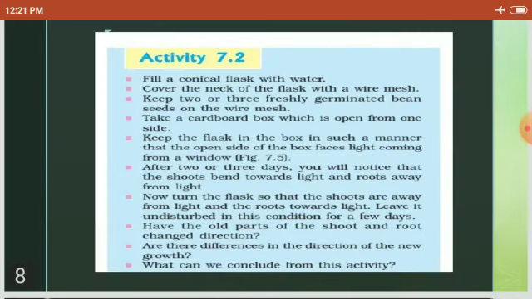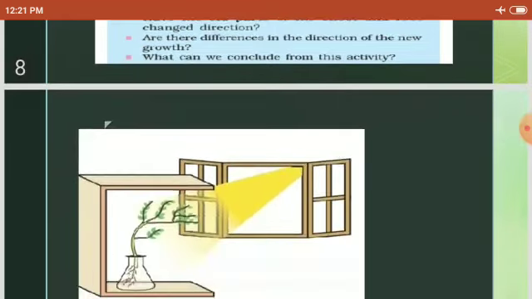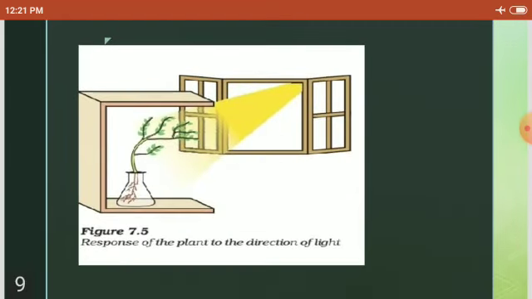Okay. You see that there is an activity, a simple activity you have already learned. If you keep a plant in a conical flask and cover it with a cardboard, then you can see that the plant is growing towards the light. It shows a curve.